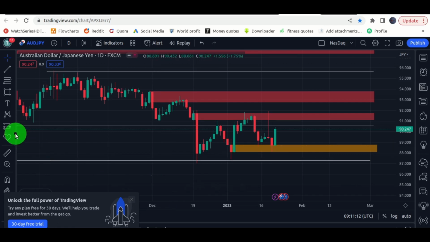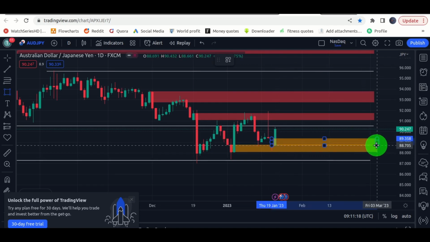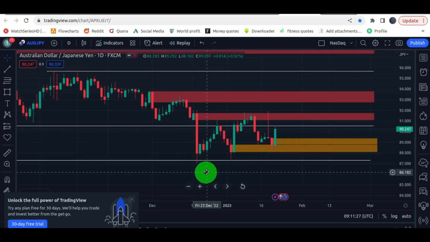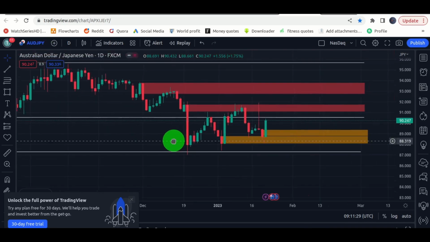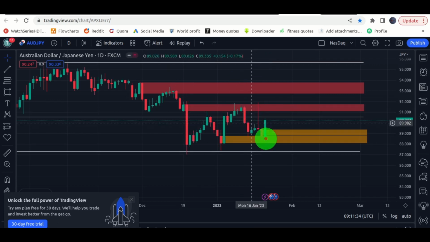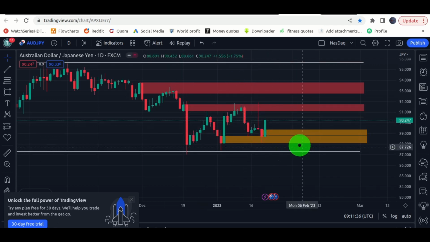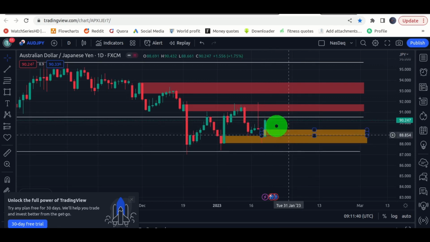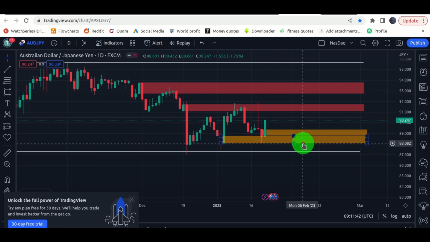I cannot give the direction and say, yeah, I'm looking for sells for the whole week or so. But pretty much overall, to me, this looks like a ranging market. So that's why I'm saying we might be targeting this low here. So yeah, we'll just have to wait and see on AUD JPY.